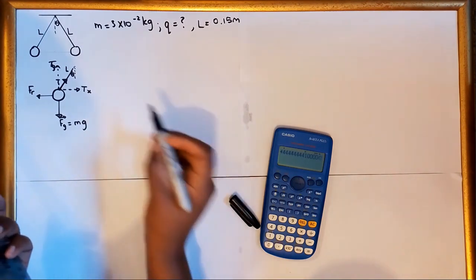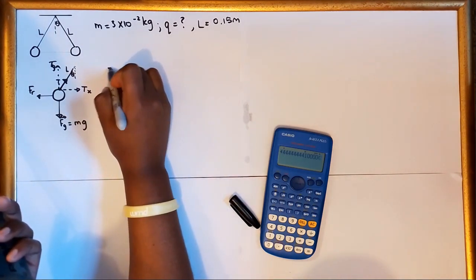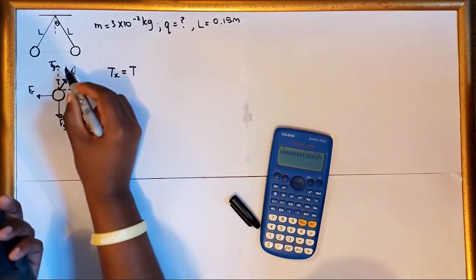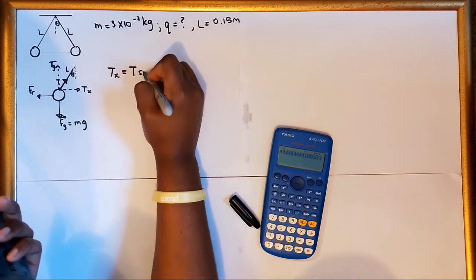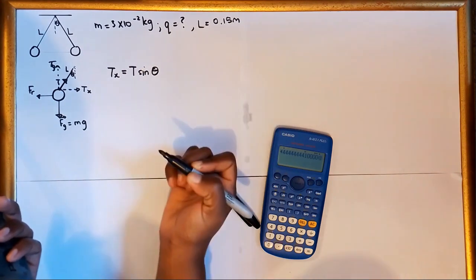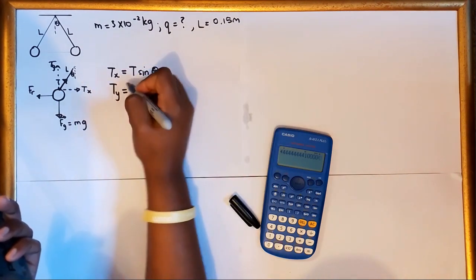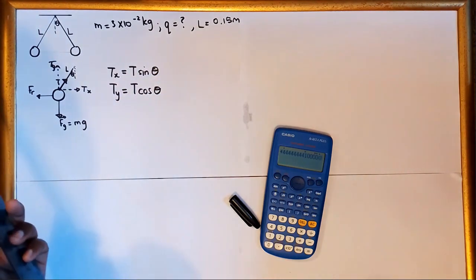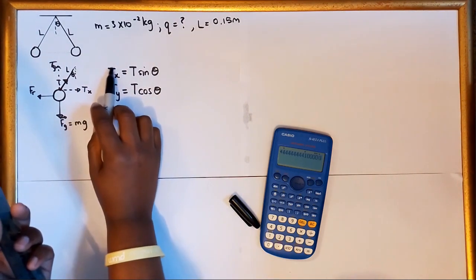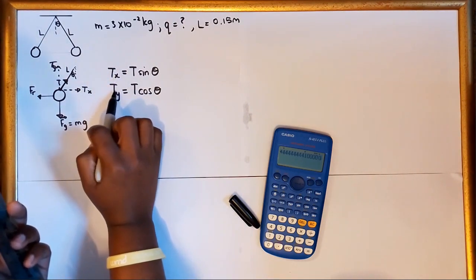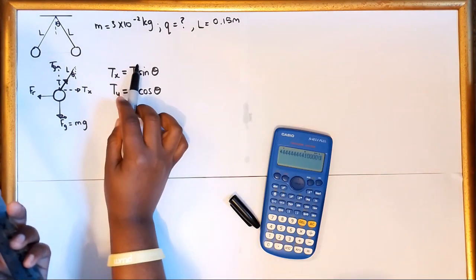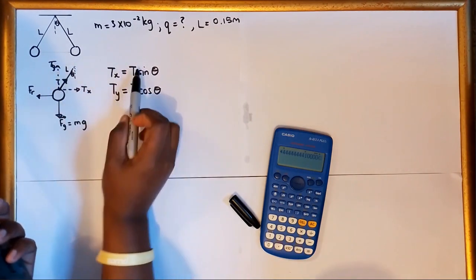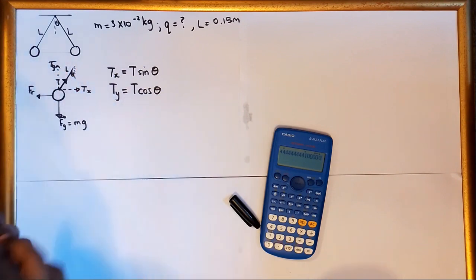I believe we understand that Tx is equal to T, which is the tension force, times sine theta. Ty is equal to the tension force times cos theta.